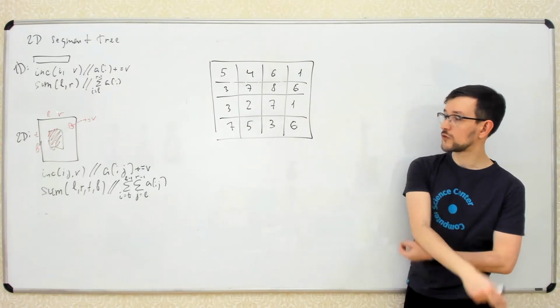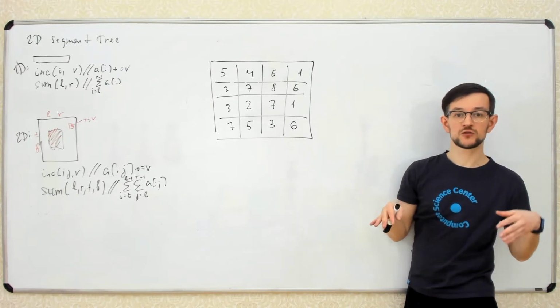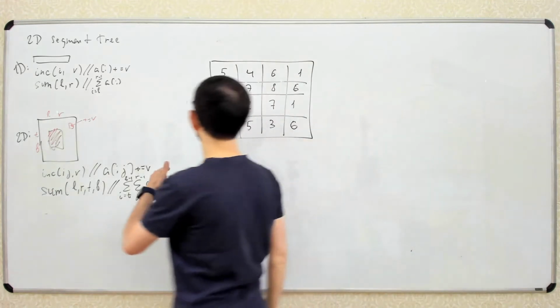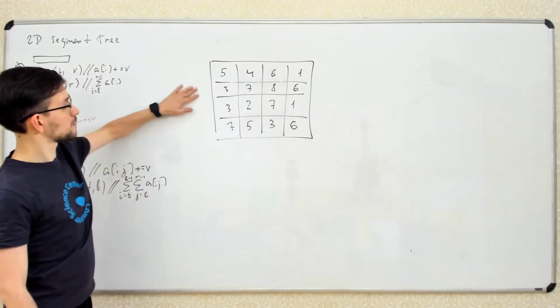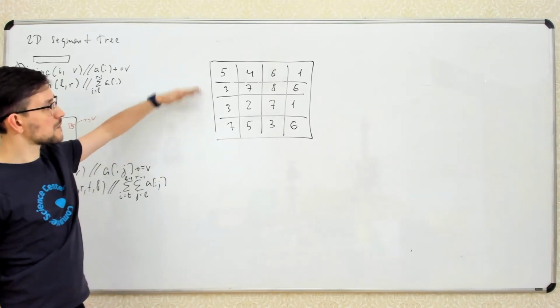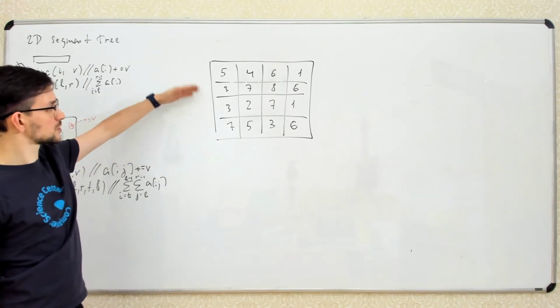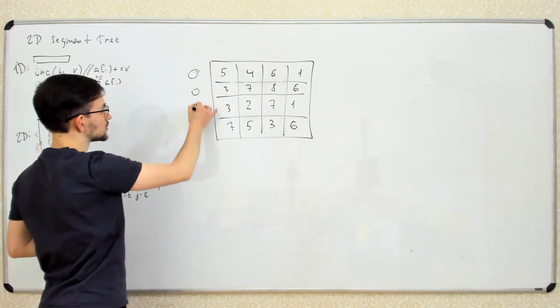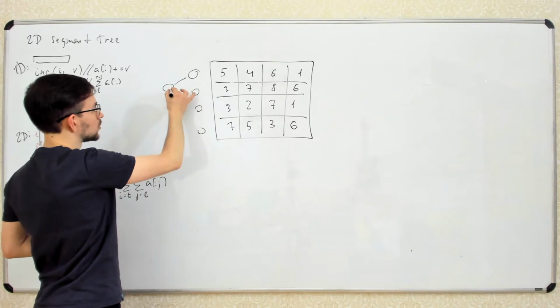Let's make the following. First, let's make a segment tree over one of the directions of this array. Let's take the first indices of this array and make a segment tree over this first dimension of this array. So we'll have this 4 element.